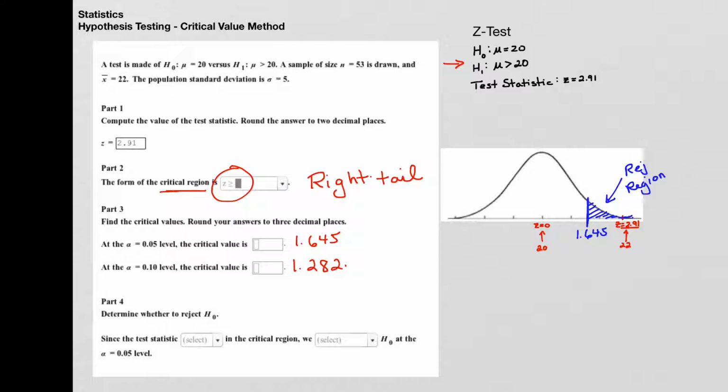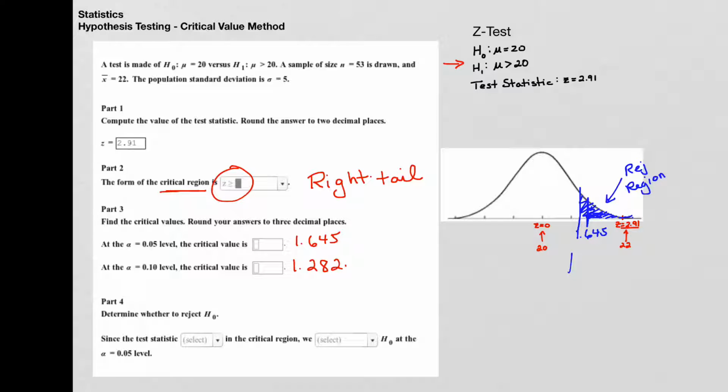So that was one option for alpha, and then our other option was 1.282. Well, that's even going to be a little closer to the center. And so either way, with either value of alpha, we are rejecting the null hypothesis, because in either case, our test statistic is further into the tail than our critical value.